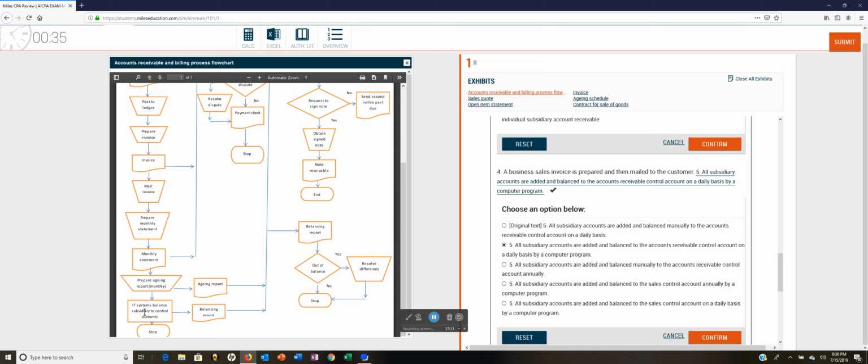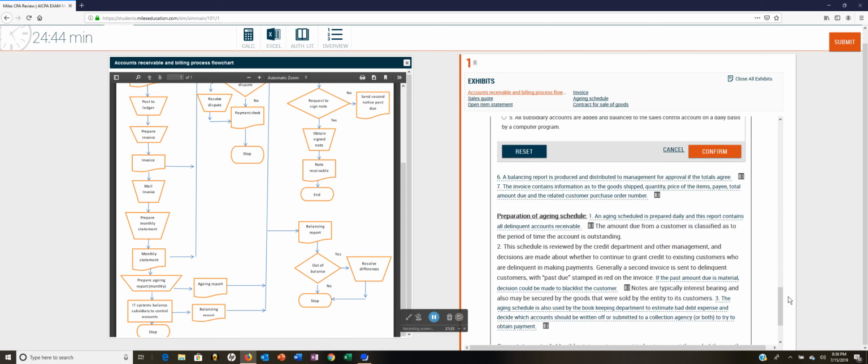That sounds right. Now, it didn't say daily over here, did it? But that's the kind of activity that would normally be done on a daily basis. Stuff is entered daily, and then the computer checks to see that the subsidiary accounts match the control account. Okay? All right, let's keep going.